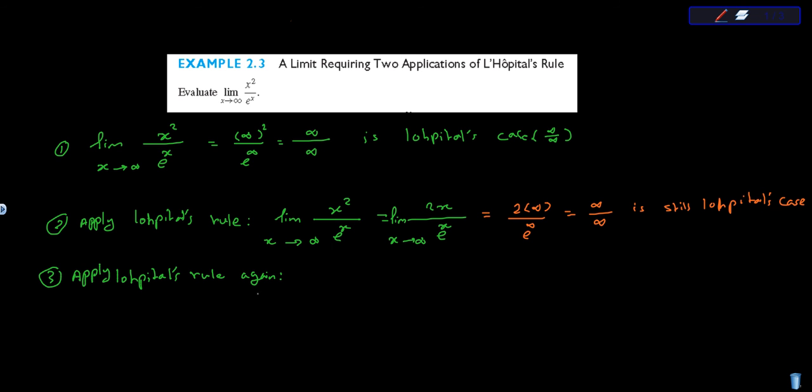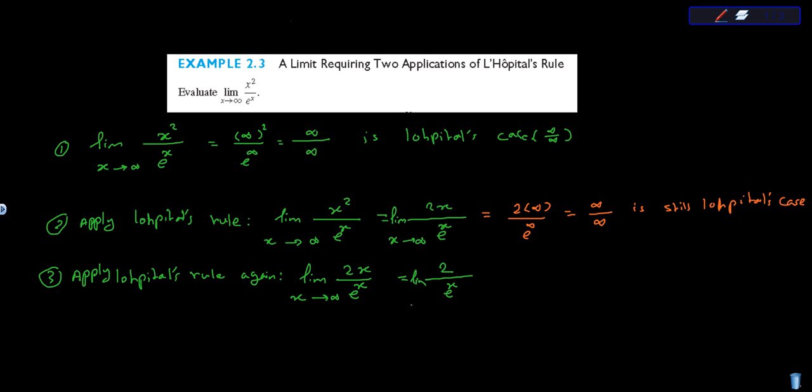We take the limit of 2x over e to the power x as x approaches infinity. The derivative of the numerator is 2 and the derivative of the denominator is e to the power x.